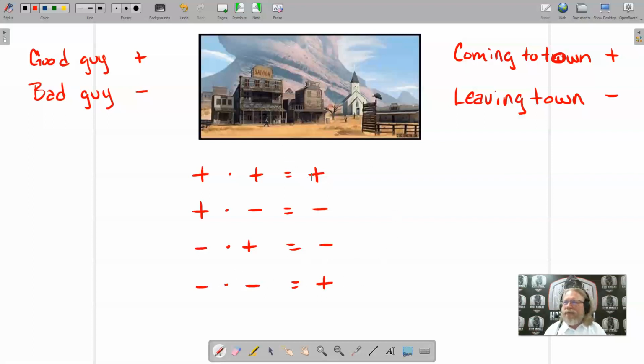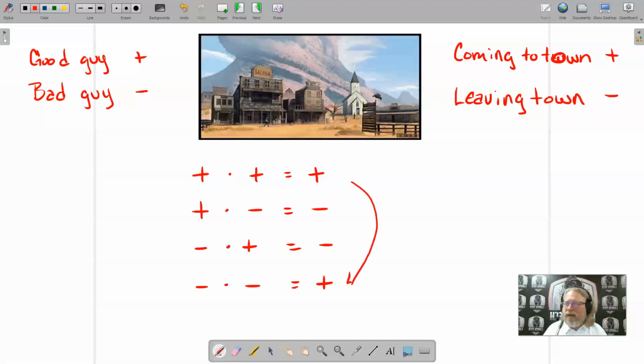So don't know if you want to use that memory device or not. That's one way to remember it. The good guy comes to town, that's a good thing. Good guy leaves town, bad thing. Bad guy comes to town, bad thing. Bad guy leaves town, good thing. So one way to remember that a positive times a positive is a positive. A negative times a negative is a positive. So the signs are the same.